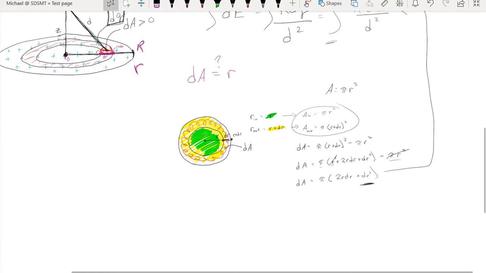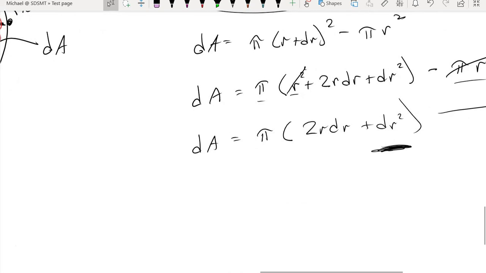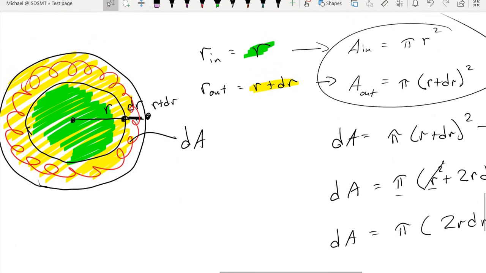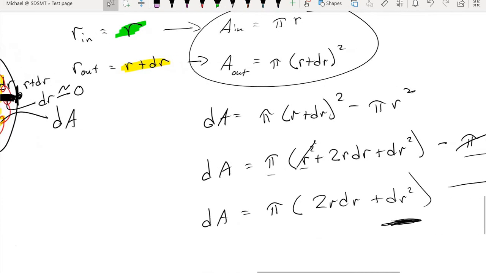So here's what we're going to do. In our description of the thickness of each one of these rings, we said that each ring had a thickness of dr, and this thickness was infinitesimal. So essentially this thickness is almost equal to 0, but not quite. It's just a little bit bigger than 0. Well, what happens when you take a value that is almost equal to 0 and you square it?